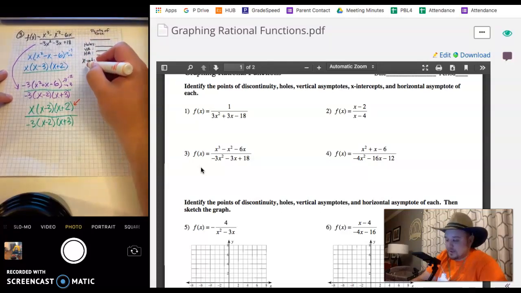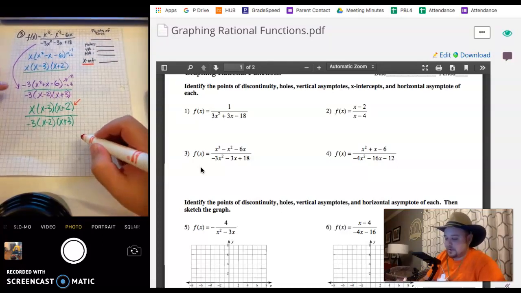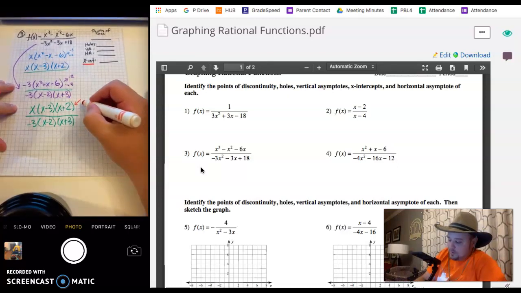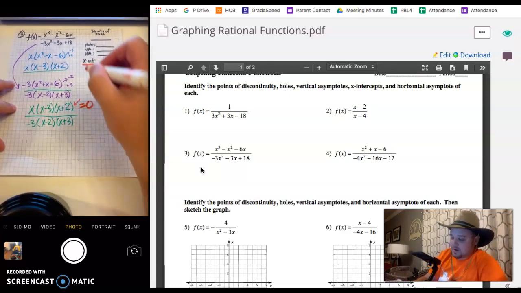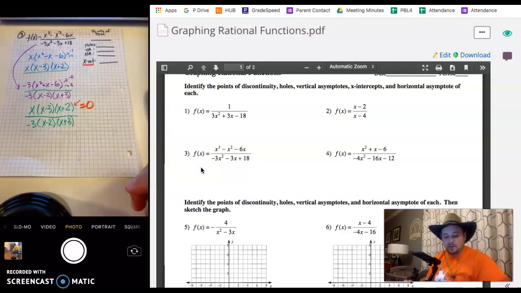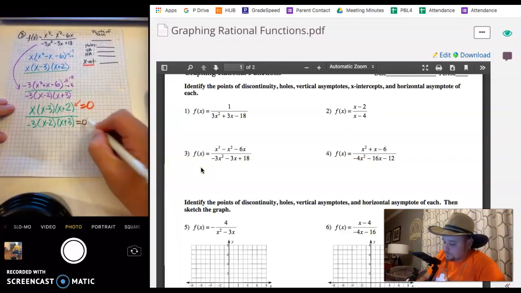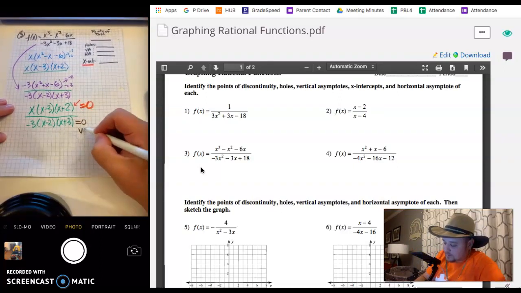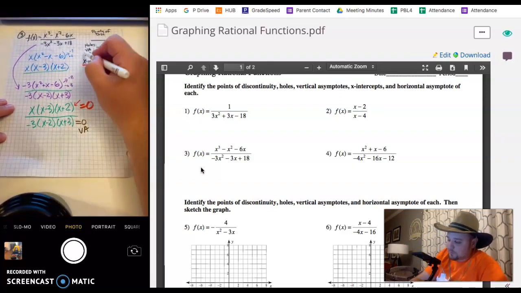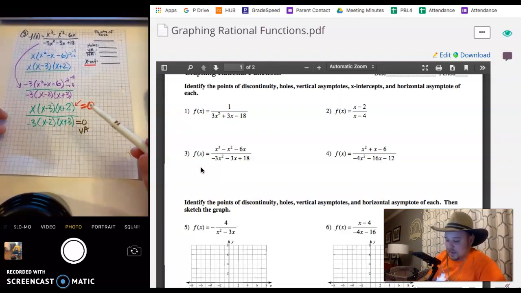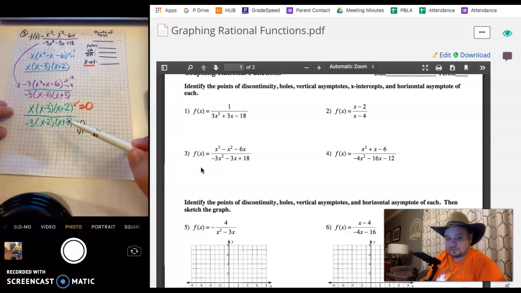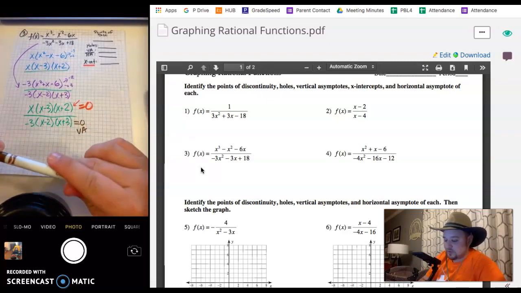So this time I'm going to have x-intercepts. When this equals 0, I've got x-intercepts. When the bottom equals 0, I'm going to have vertical asymptotes. Holes happen when I simplify out something, so I don't have a hole here. Hopefully I'm able to do one more, and I'll show you one that's got a hole.